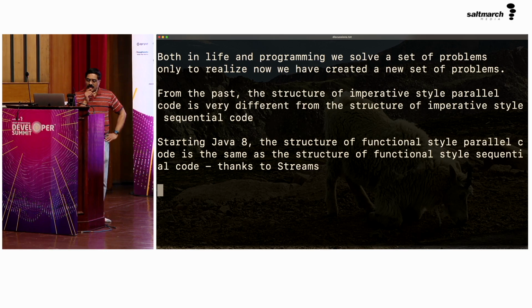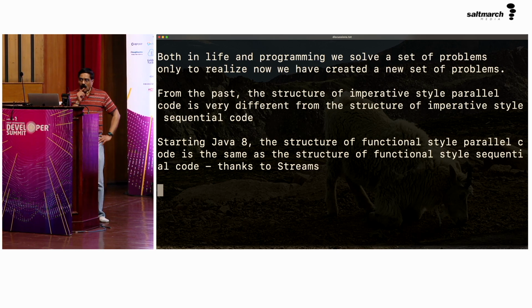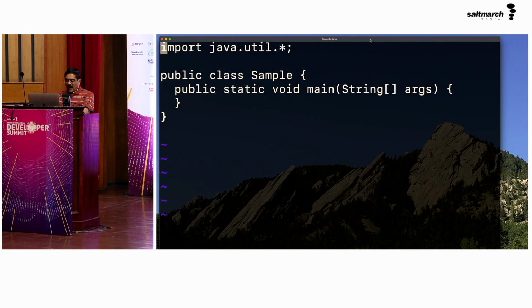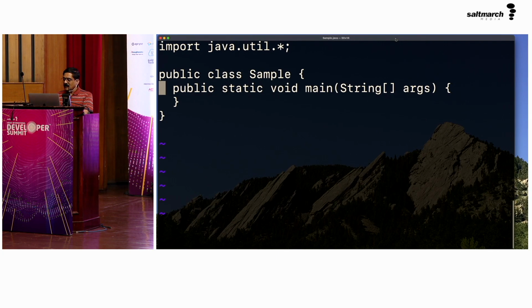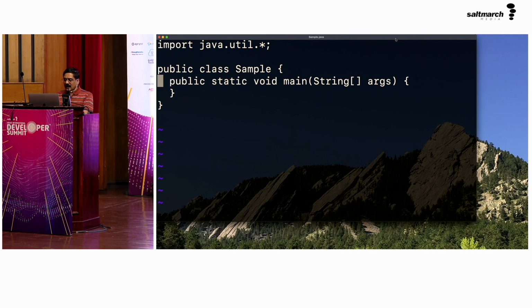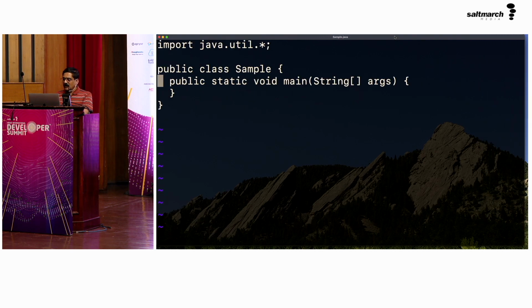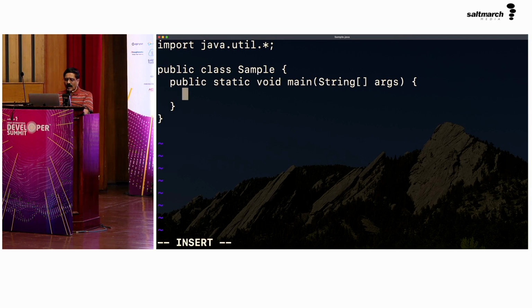The streams did this, isn't it? So what can you do with the streams? For example, let's say I have a little example here where I say names is equal to some names.